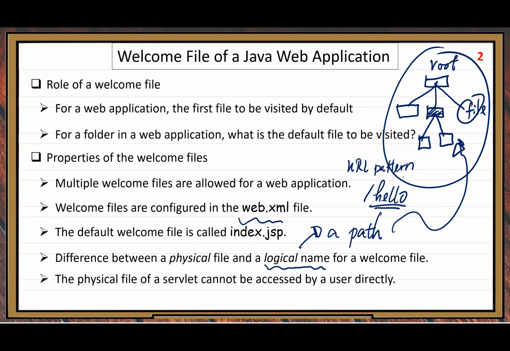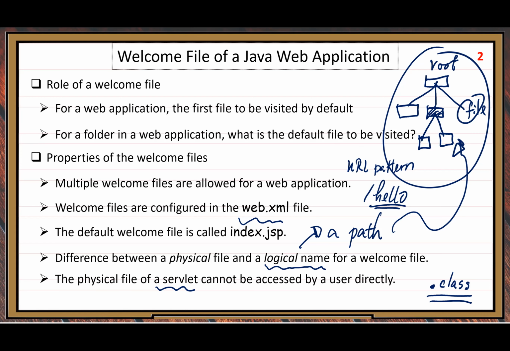Why? What's the physical file of a servlet? It's the .class file, the Java .class file. Remember, after compilation, the physical file means the .class file, not the source file.